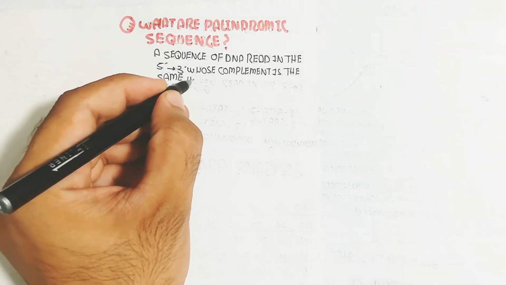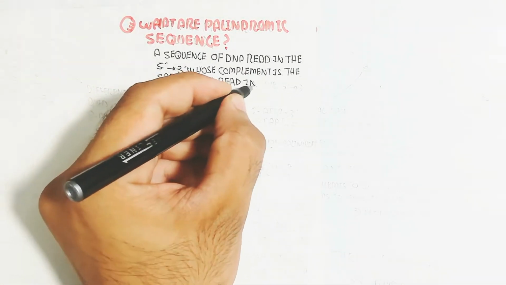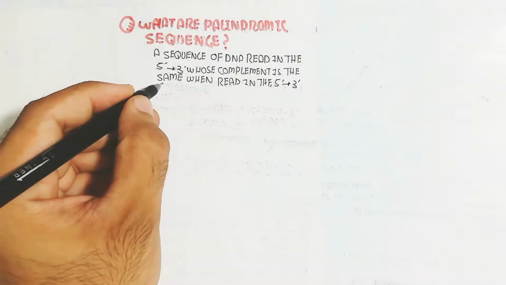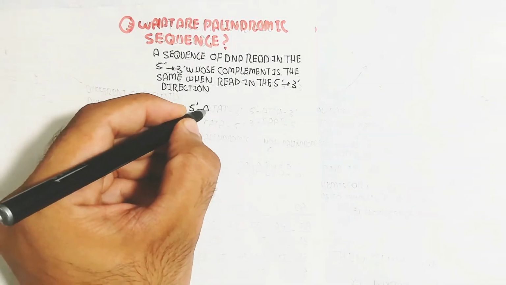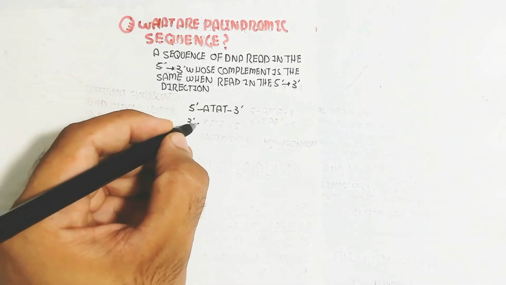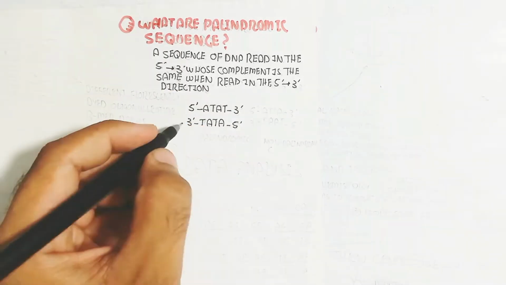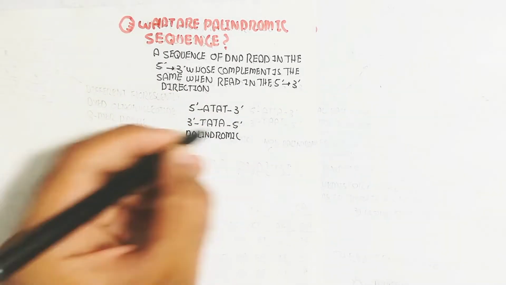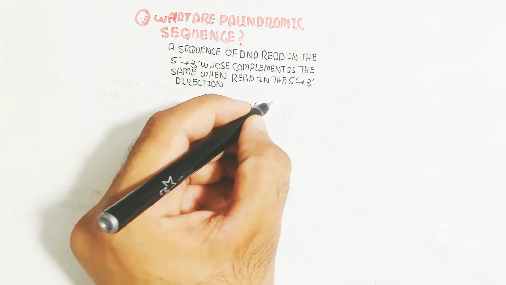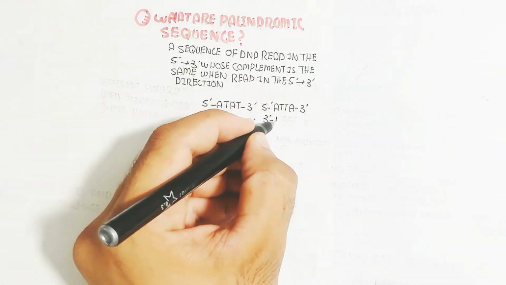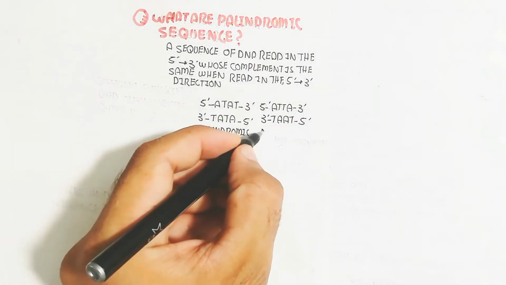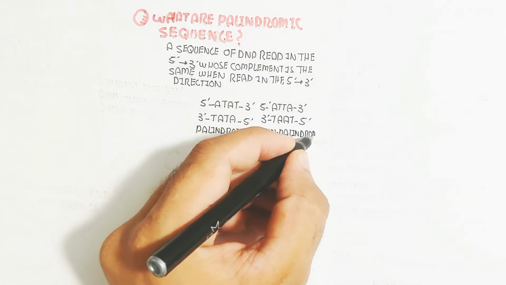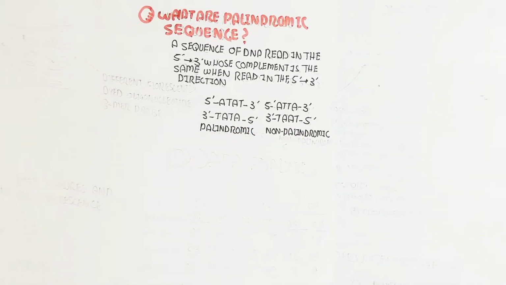While non-palindromic means that when we read from 5' to 3', and the complementary strand is read 5' to 3', they are different from each other, not similar, so not complementary. Remember, this is a non-palindromic sequence.